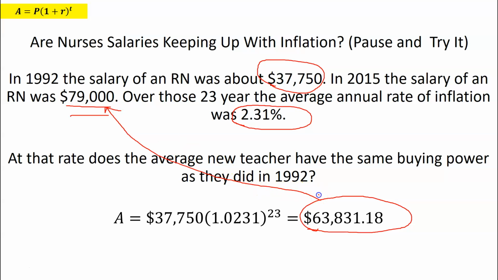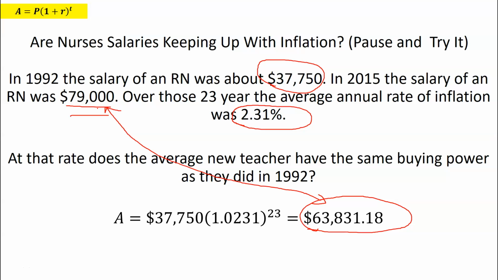What you can obviously see here is that if they had just kept up with inflation, this is where they would have been, but that's not the national average, at least in 2015. This was the national average for a registered nurse, which means they're above inflation. So much of this is still about economics.